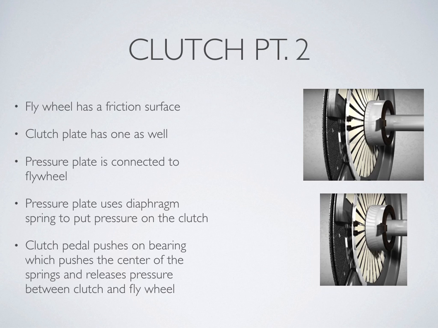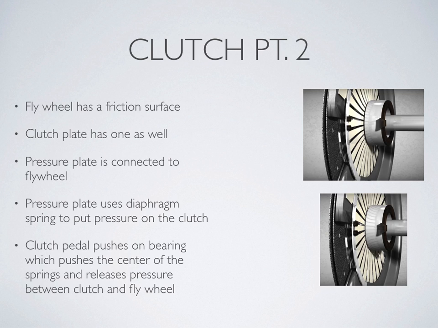So to disengage the clutch, there's a clever setup. There's a diaphragm spring, which is this spread out spring that is kind of elevated in the center and pressed on the outsides.